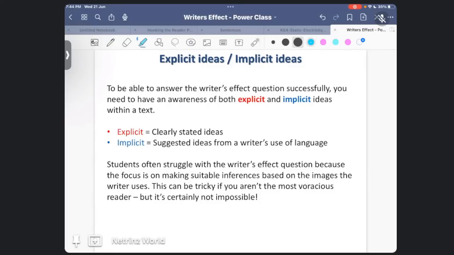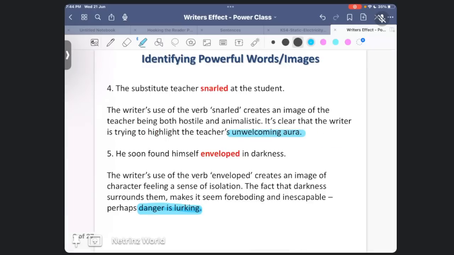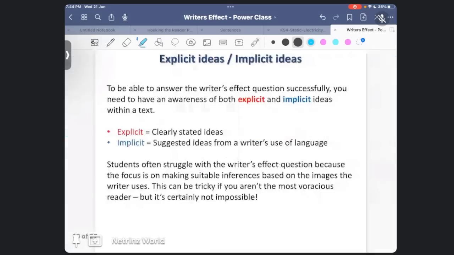It's just straightforward, you're telling. Very good. And implicit means the suggested ideas from a writer's use of language. For example, in the previous sentences, snarled, enveloped. You're able to describe something which is not directly written in the sentence. Instead, you are able to elaborate on the effect that the writer is trying to create. Okay?